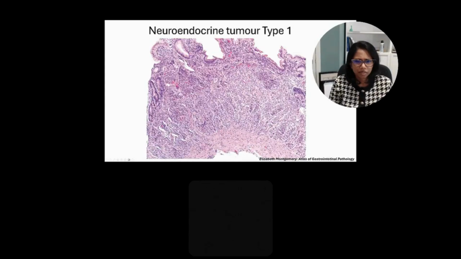And I'm briefly going to show you a neuroendocrine tumor arising in a background of atrophic gastritis. Here, I have a better image coming up, but you can vaguely see some intestinal metaplasia, and there's definite atrophy of the overlying surface epithelium, or rather within the superficial lamina propria.